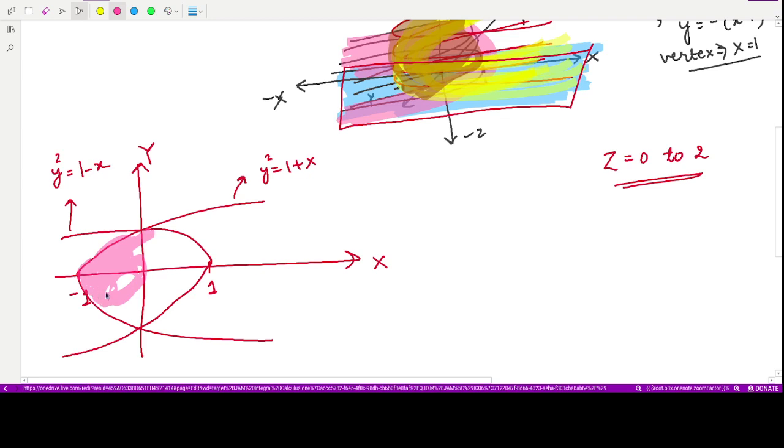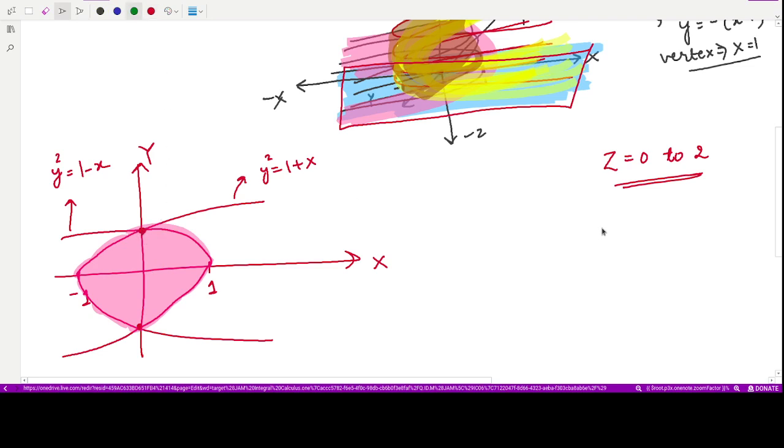The area which is lying in between these two parabolas. According to that, you will have to perform the integration, right? Now for that you have to calculate what is this point and what is this point.